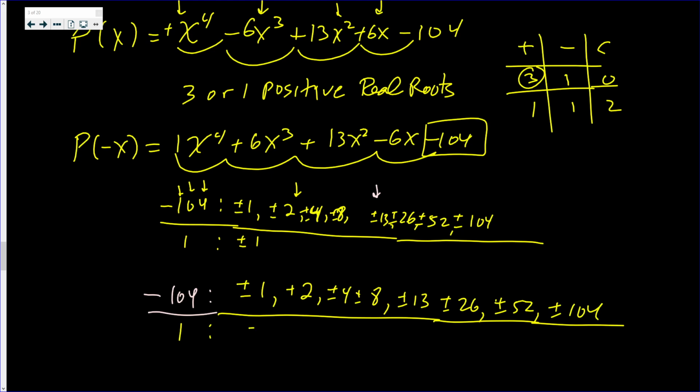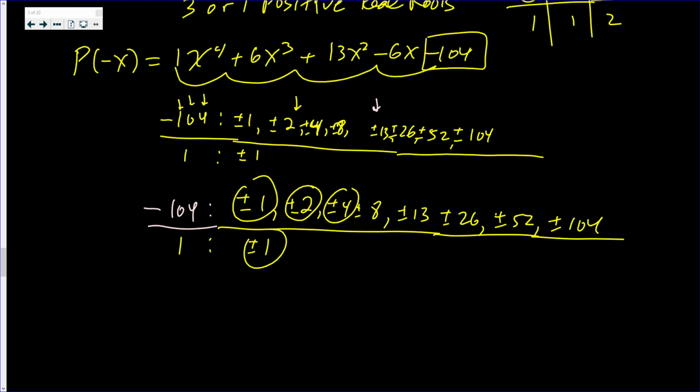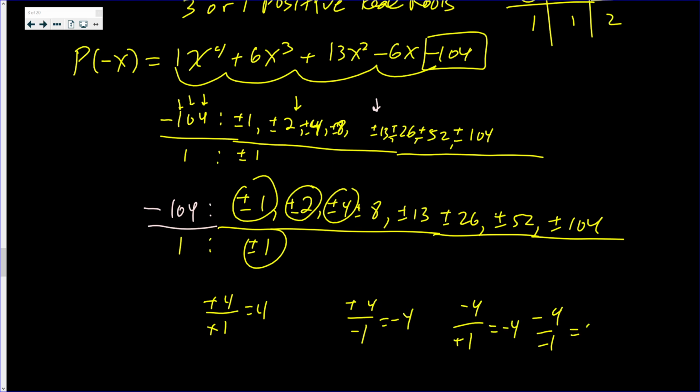Now the only numbers that go into 1 are plus minus 1. If you take any one of these pairs of numbers and divide them by plus minus 1, you get back that same number. In other words, if you had plus 4 over plus 1, plus 4 over negative 1, negative 4 over plus 1, or negative 4 over negative 1, you get 4, negative 4, negative 4, 4.